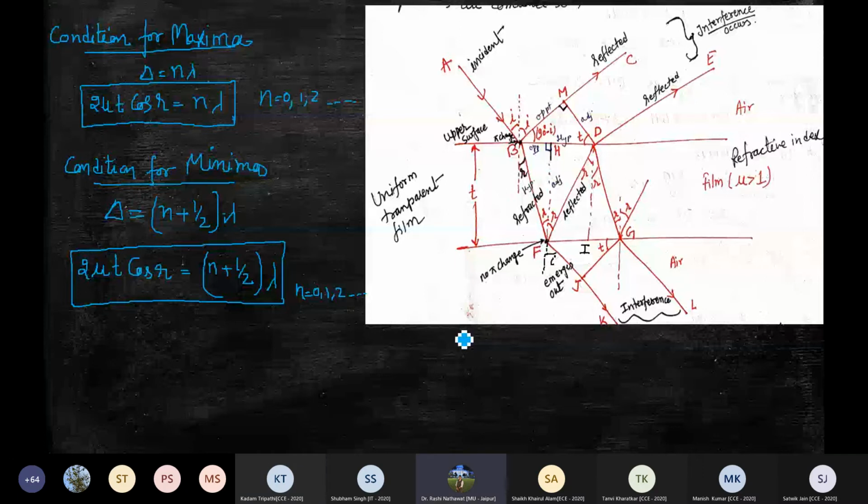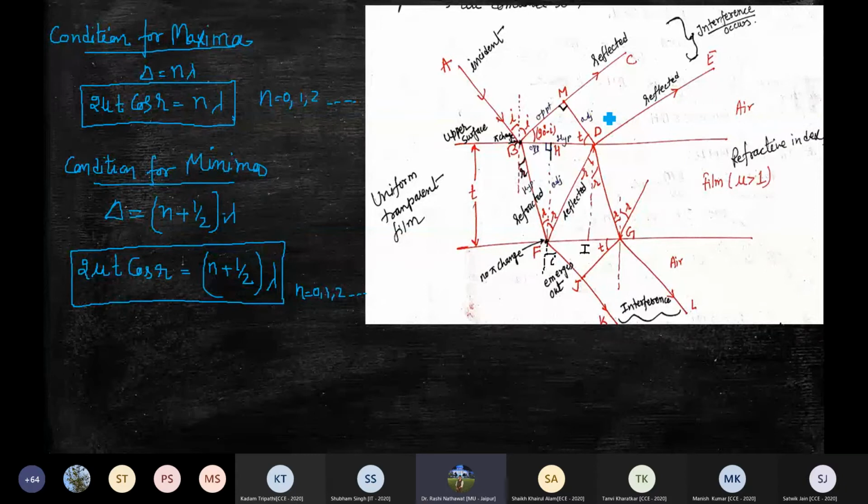Okay, so I'm going to compare here with the transmitted light. You can see this condition and this condition, and similarly both the conditions from the reflected rays, are opposite. They are behaving opposite.